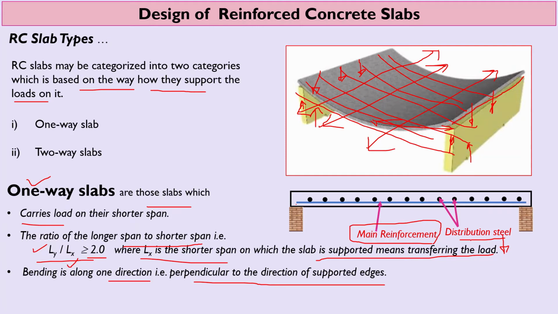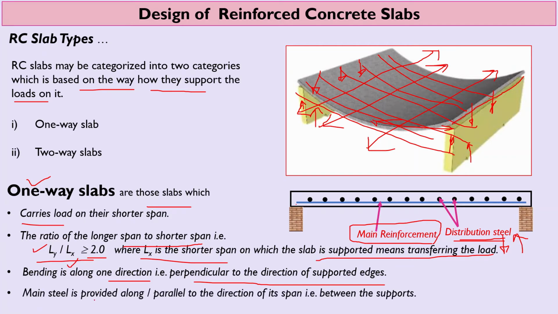So sometimes this distribution steel is also known as temperature steel. You have to provide minimum steel as per IS 456, and that minimum steel will be termed as distribution steel.